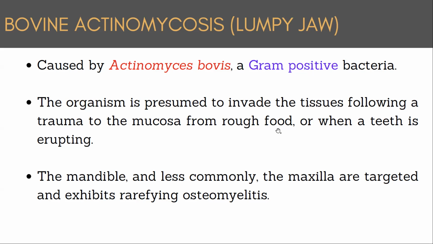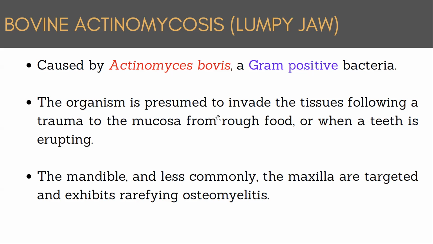Kapag tumutubo yung ngipin, magkakaroon ng opening para pumasok ang bakteryang ito. Or kapag halimbawa nakakain siya ng matulis na bato or pako na nanguya niya accidentally, since madami tayong case actually na nakakakain sila ng bakal-bakal yung mga ruminants natin.